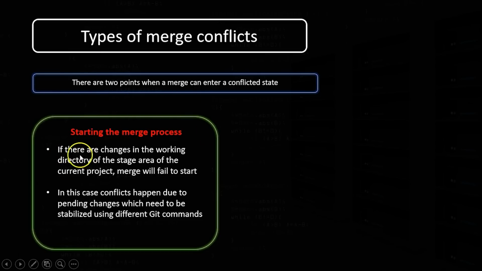If at any moment there are changes in the working directory which are getting moved to the staging area of the current project, the merge will fail during the merge activity because there are modifications present in the working area. So in this case, conflicts happen due to pending changes.